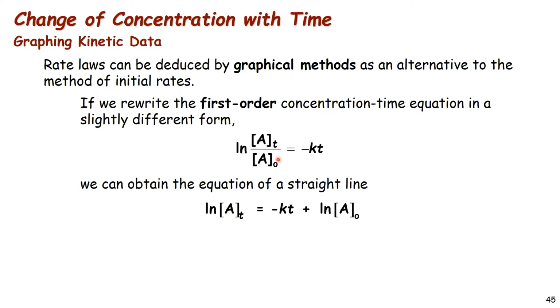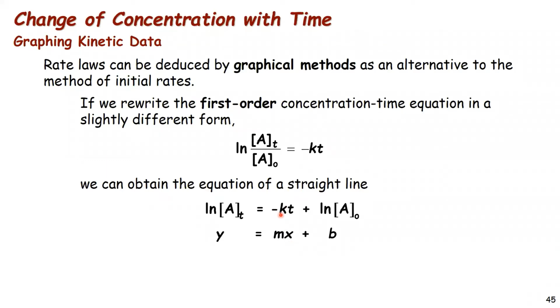And then I rearranged it. I just added the log of the initial concentration, which canceled it on this side, and put it on that side. So there it is. By just using the property of logs, I now have a straight line where this is y, this is m, this is x, and this is b. Here's our y.